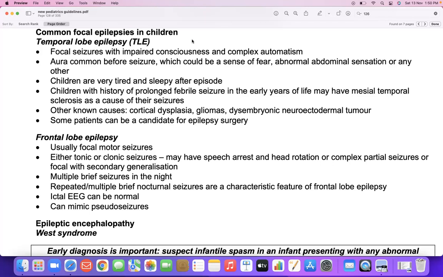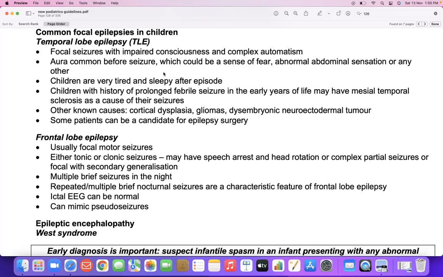So this is like partially losing his consciousness. In the past, they called this simple partial. And complex, sorry not to confuse you, complex partial means there is losing of consciousness but not fully.